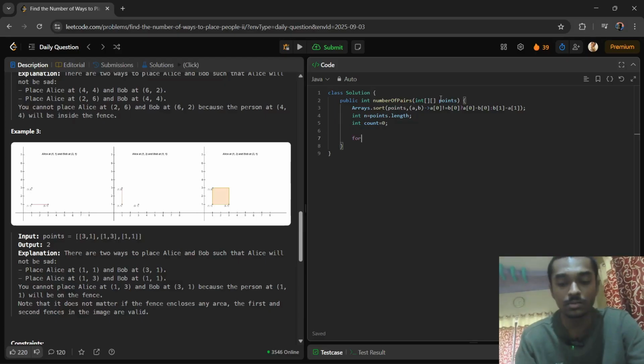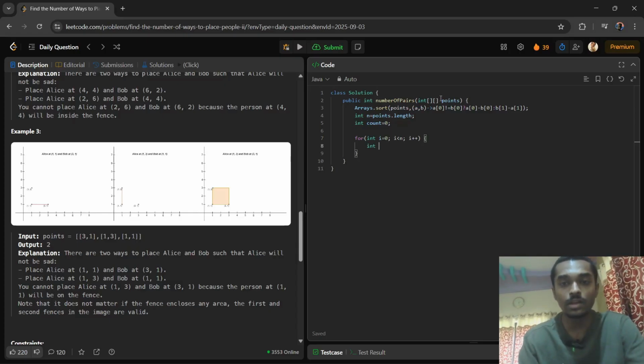Now we have to iterate. The first loop is for Alice, i plus plus, and the values: x1 is points of i 0, and y1 is points of i 1. We also have to keep track of our max y, so max y is Integer dot MIN_VALUE.